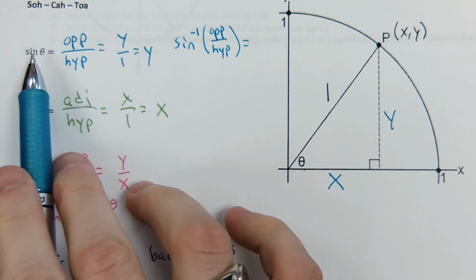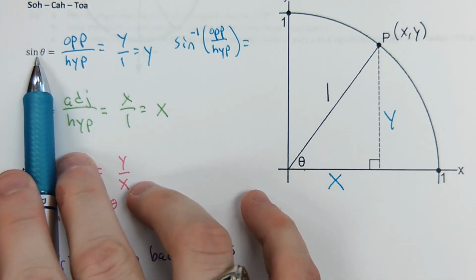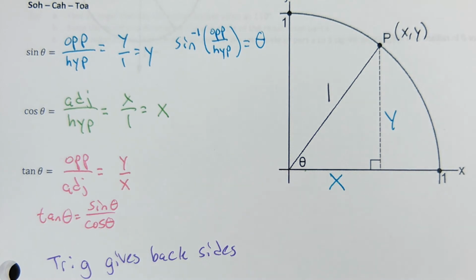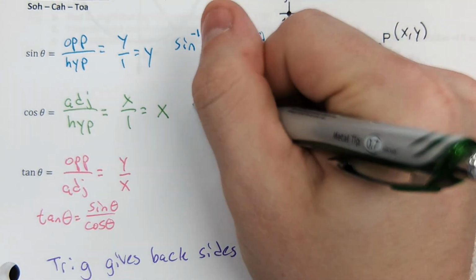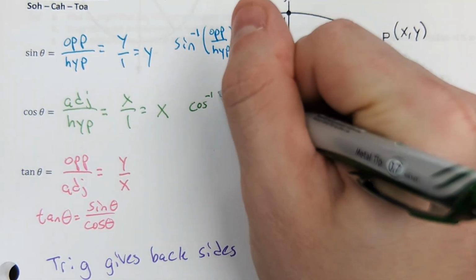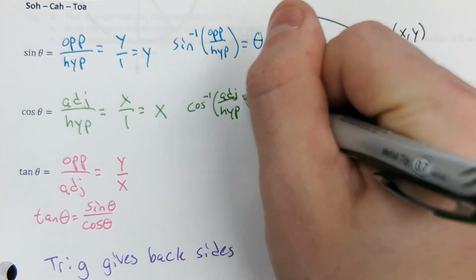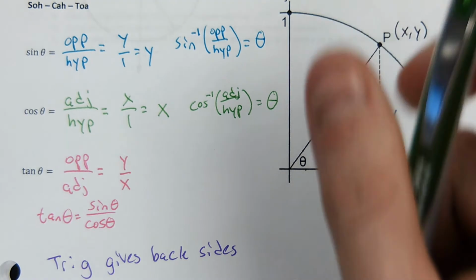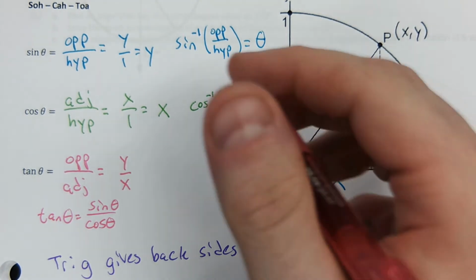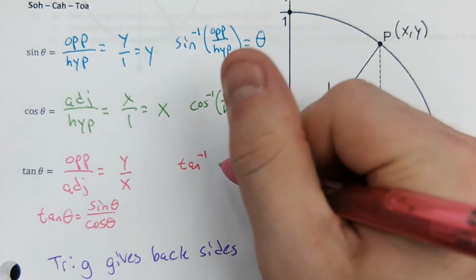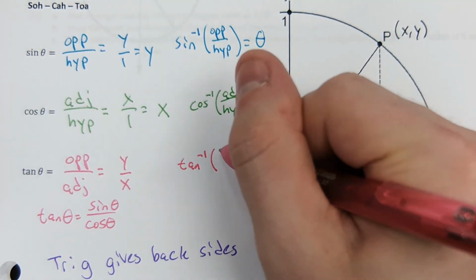And what will be left over here after sine and sine inverse cancel each other is theta. Same thing would be true for cosine inverse. And tangent inverse. The inverse symbol does not mean raised to the -1 power.